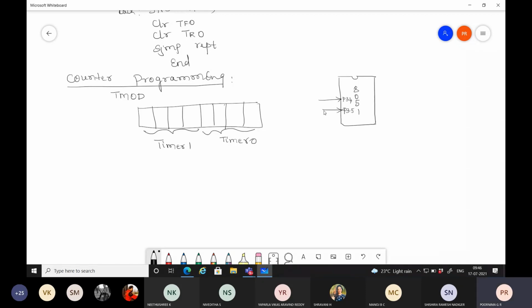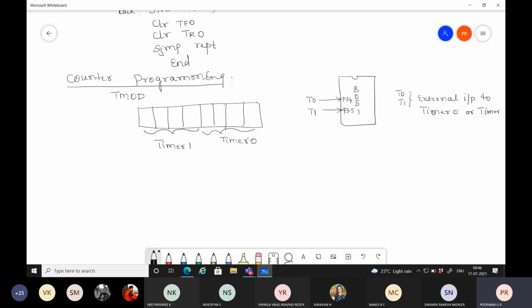These 2 pins represent T0 and T1, for timer 0 or timer 1. What do T0 or T1 represent? External input to timer 0 or timer 1.